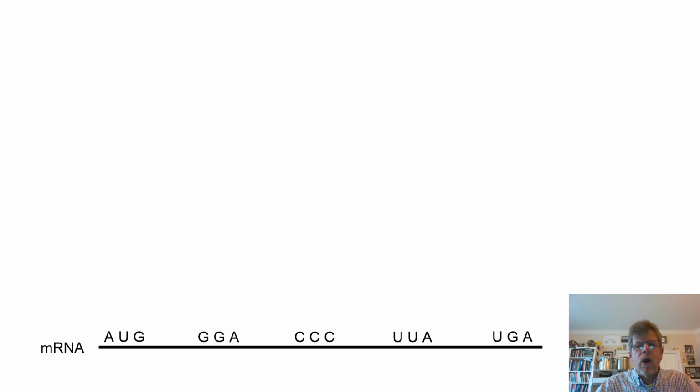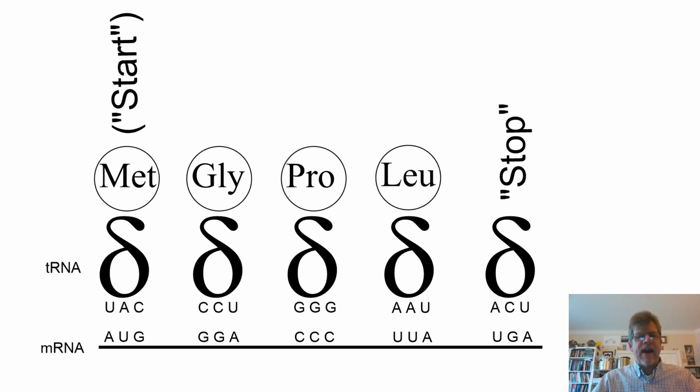Each of these codons will plug into a particular anticodon on the transfer RNAs. So let's see how that ultimately happens. We'll do this all at once. Here I've drawn these fanciful drawings in which our transfer RNAs look sort of like a sigma, like we saw in the last one.